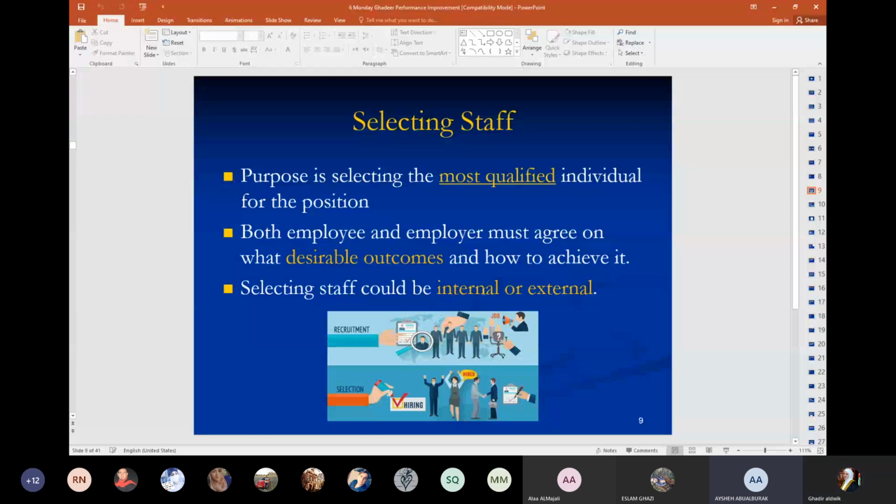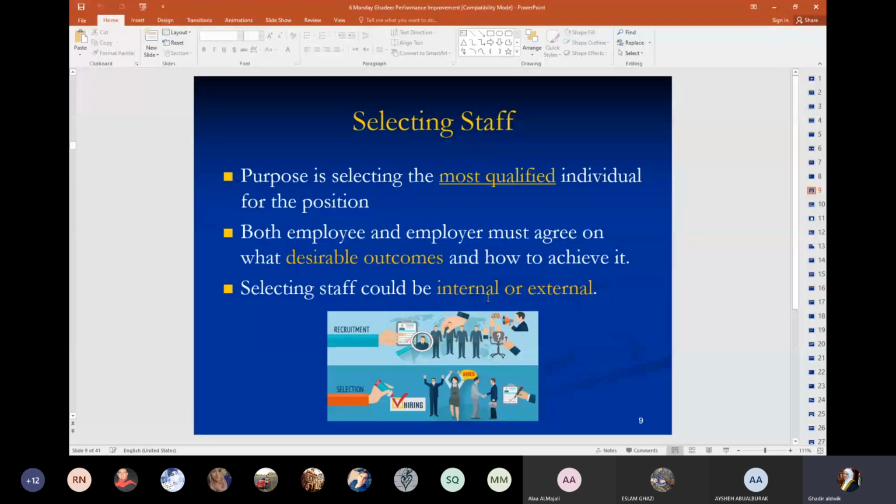Okay, how? If I have multiple nurses, and I have a job for a head nurse, I can choose from the nurses that I have in the organization. So they can take the job. Yeah, excellent. That's what happens when I select from internal staff.